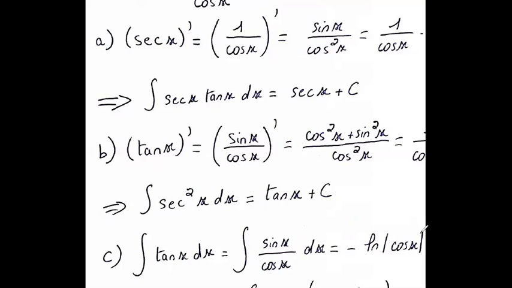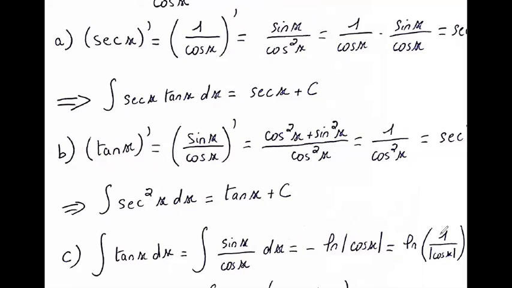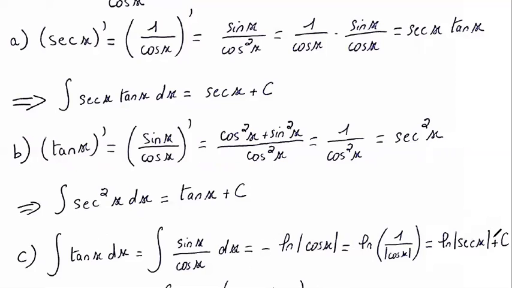So I will get minus ln absolute value of cosine, and minus ln absolute value of cosine is ln 1 over cosine, because minus ln a is ln 1 over a, and 1 over cosine is secant, so it is ln absolute value of secant plus a constant c. So the integral of tangent is ln absolute value of secant plus a constant c.